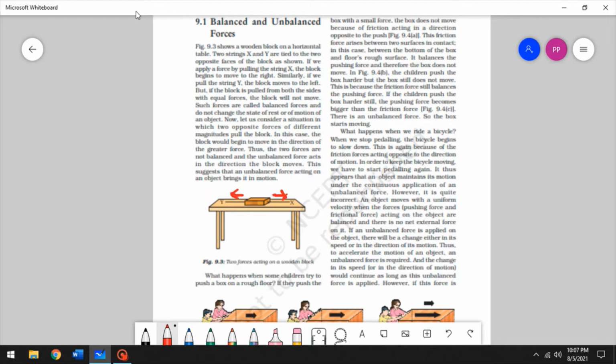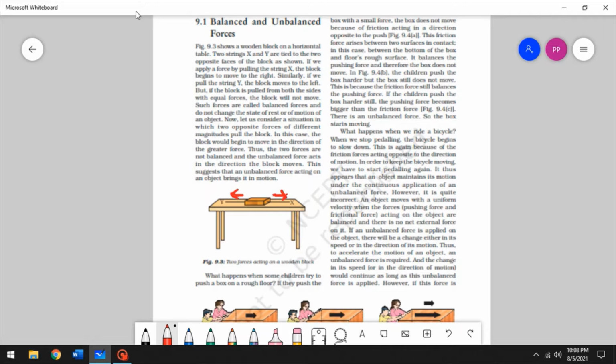Alright, so the brick is at state of rest right now, that's why you're not able to move it. But what if something is already moving, and you apply equal forces in opposite directions, the object will keep moving, it won't stop. So if it is in a state of rest, it will continue to be in a state of rest under the influence of balanced forces, and if it is in a state of motion, it will continue to be in the state of motion under the influence of balanced forces.